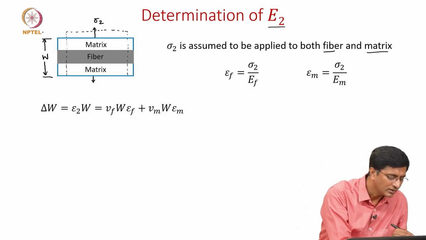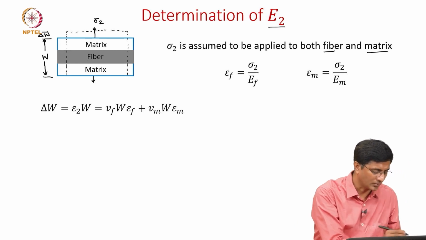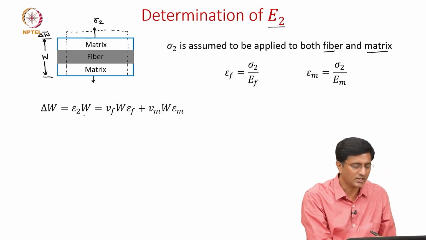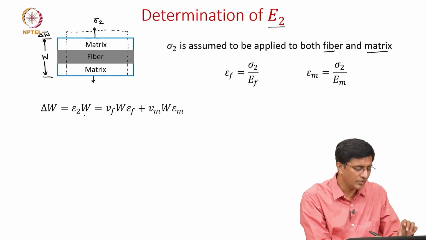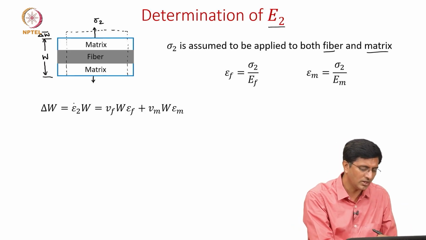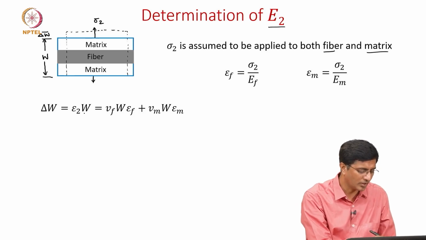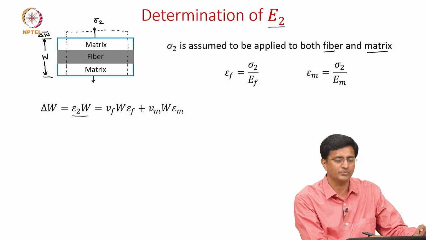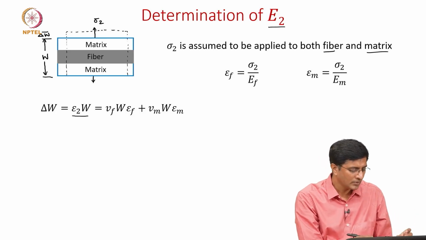So this change in the width is delta W. Delta W can be written as strain times the total width. Since we are looking in the direction 2, we should be looking at strain epsilon 2. So epsilon 2 times the total width will give us delta W, or the change in the width.